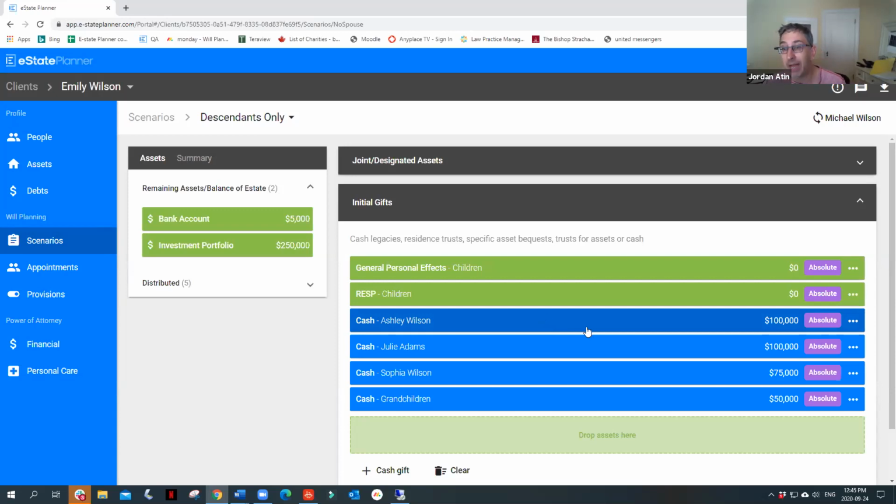So if that were my instructions, I probably would do it the other way. I'd ask, who are these people that, if it's less than $1 million, what happens to it? Oh, I want that to go to the kids. Great. So let's make a priority legacy of $1 million to the kids. Now make the legacies second priority, and then give the residue to the kids. And that sort of accomplishes the same thing.